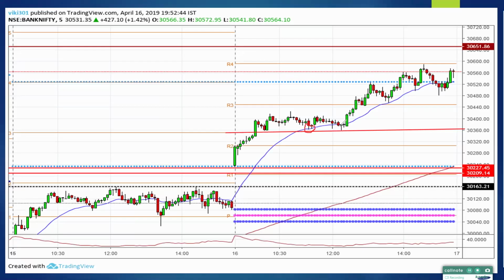I would have entered here with full confidence, thinking there is a 20 MA retracement plus a pivot. But the thing is, there is no pivot, only the 20 MA, because the next pivot is here only. So though it worked, it is not a very high probability trade, unlike having the pivot along with the 20 EMA. But still it would have worked and given you good profit.